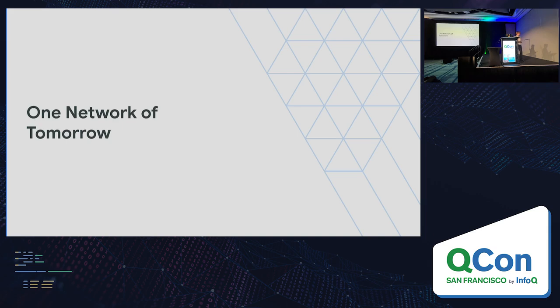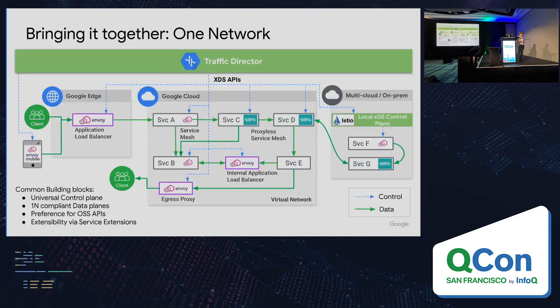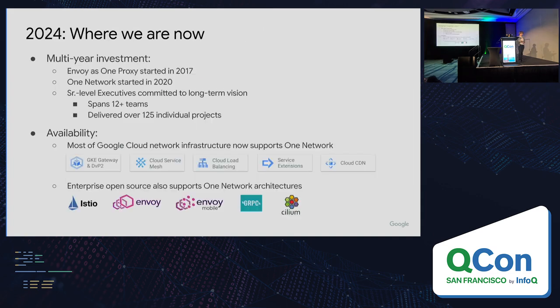So one network of tomorrow, where we are today, bringing it all together, it's the same picture. We basically are done with the central part, and multi-cloud, we have connectivity, and we extended it to the multi-cloud, but we are working on the federation, and we have edge, obviously, and we are working on mobile. So it is a multi-year investment. The Envoy proxy project started in 2017.